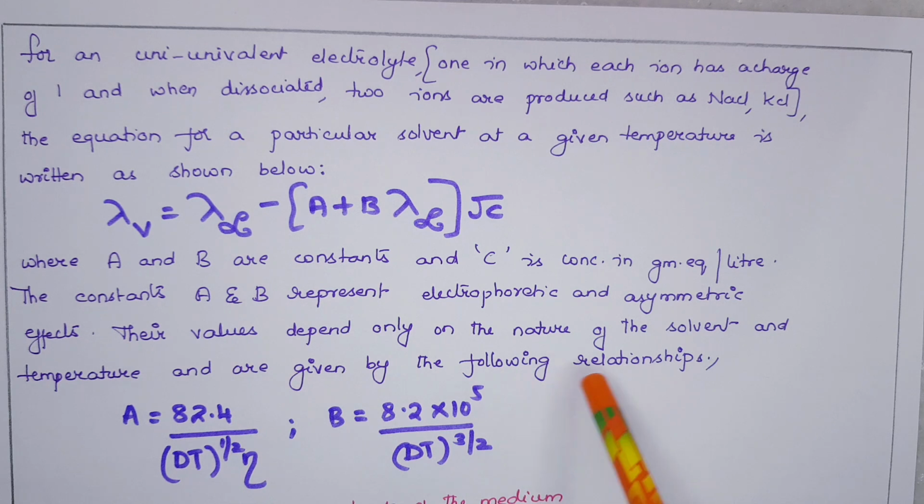They are given by the following relationships. A is equal to 82.4 by (DT)^(1/2) into eta, and B equals 8.2 into 10^5 by (DT)^(3/2), where D is the dielectric constant, T is the absolute temperature, and eta is the viscosity of the medium.